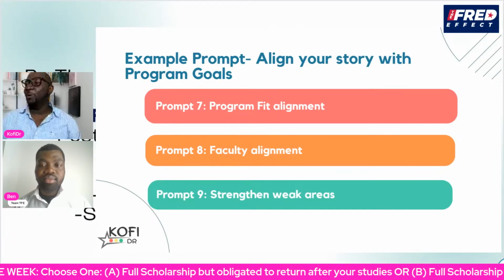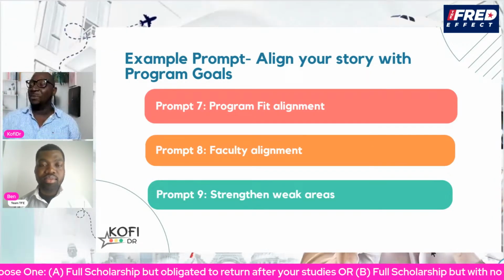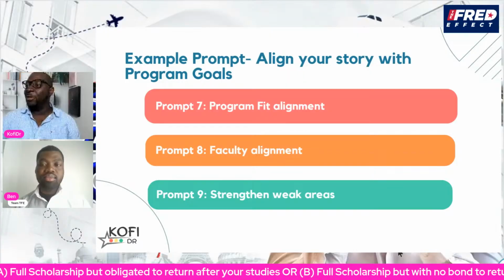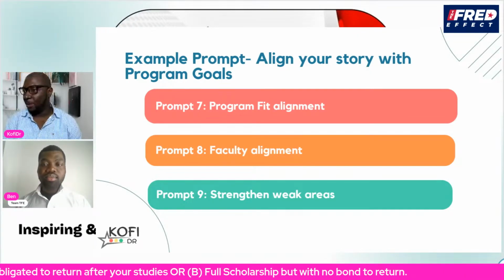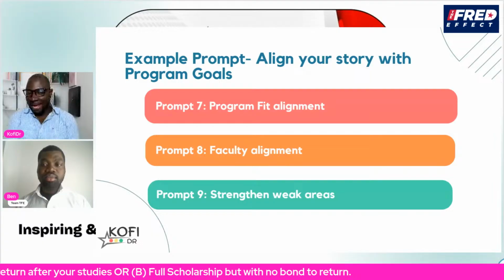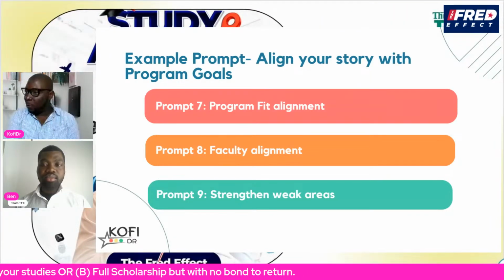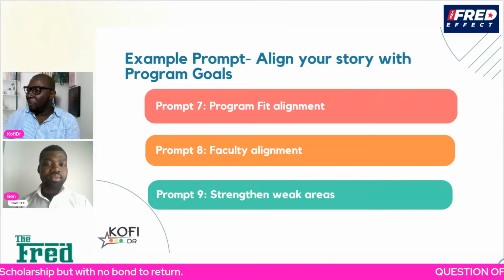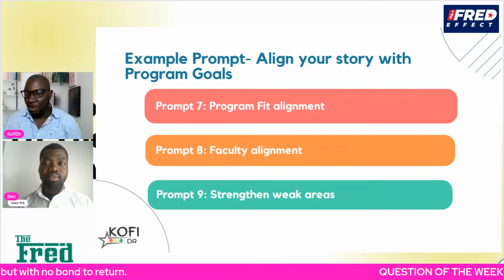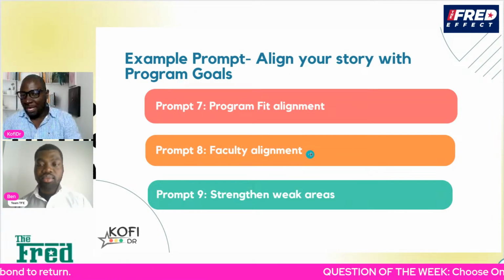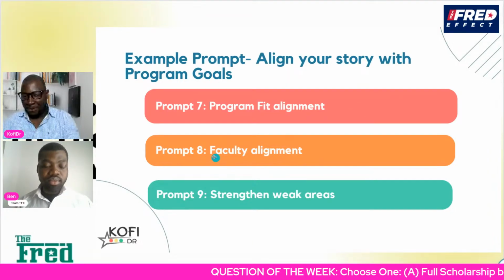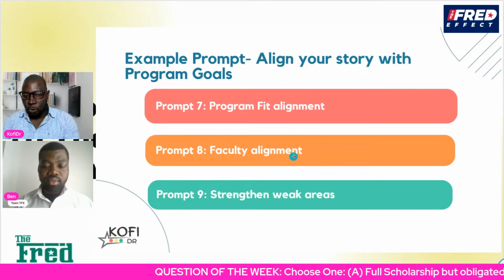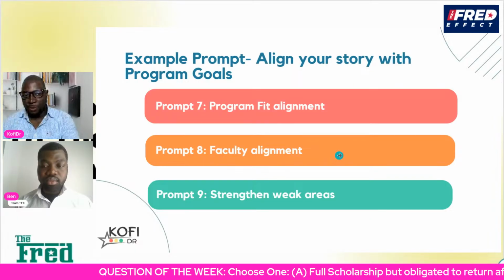Your statement of purpose should carry that same information. At least your research interest should align with what that professor is doing. So how do you align your statement of purpose with what the professor, or most of the professors in the department, are doing? It is similar to the program fit alignment. This time around, it is faculty alignment.